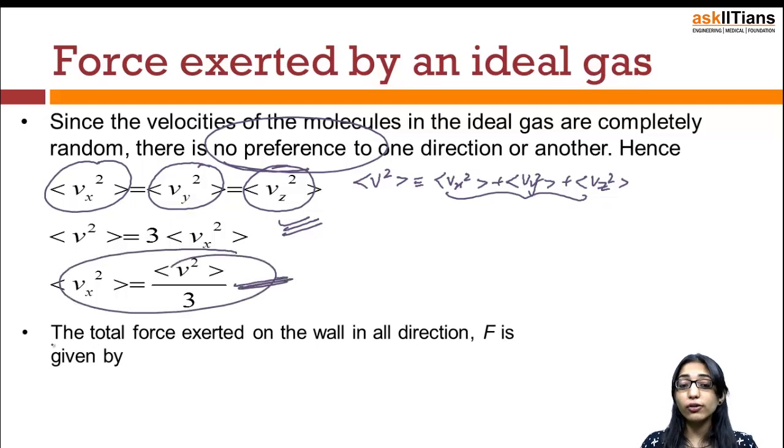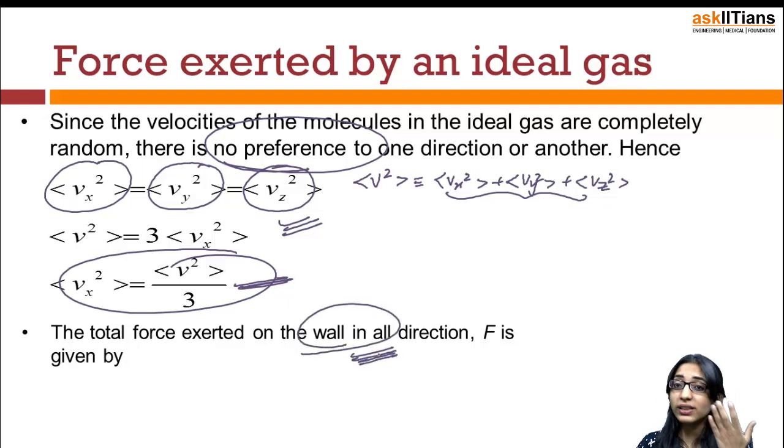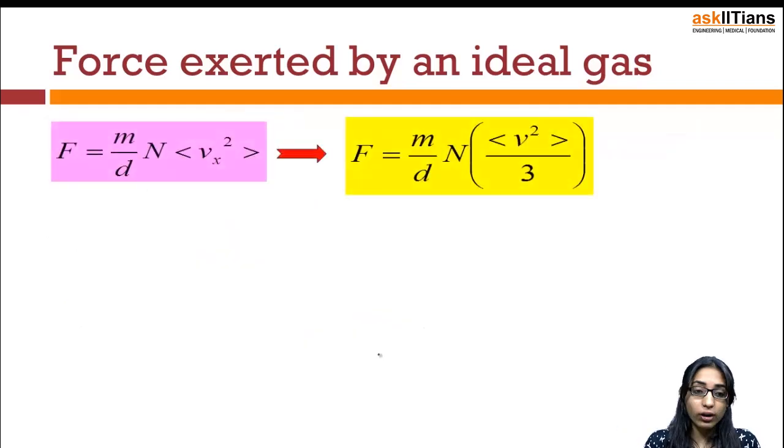So the total force exerted on the wall in all the directions: earlier I just found out the total force in x direction. Now I need to find the total force in all the directions. That total force will be F is equal to m by d into n, multiplied by the average of Vx square.